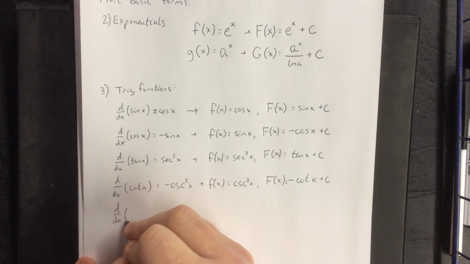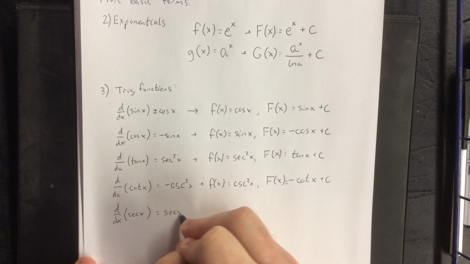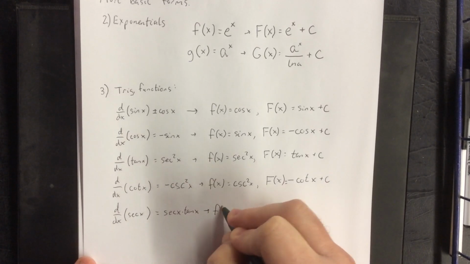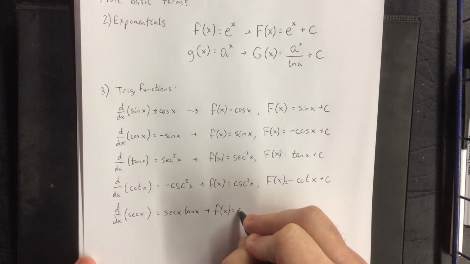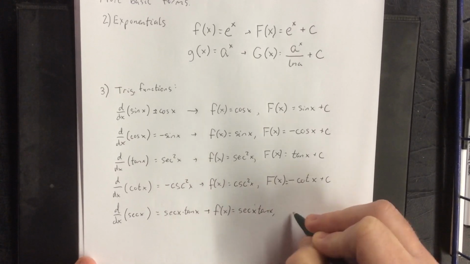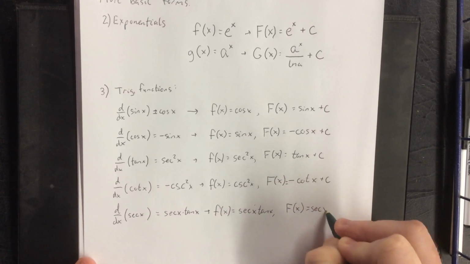The derivative of the secant of x is the secant of x times the tangent of x. So if I give you the function secant of x times tangent of x, then the antiderivative is going to be simply the secant of x plus a constant.